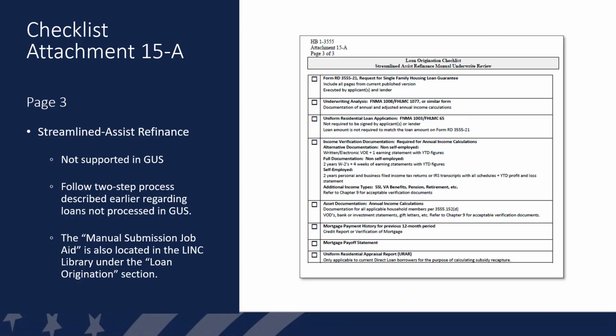The last checklist on page 2 of attachment 15A, Loan Origination Checklist, is for Streamline Assist Refinance loans.